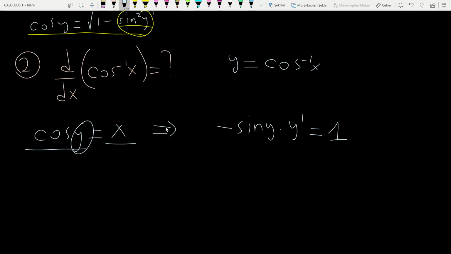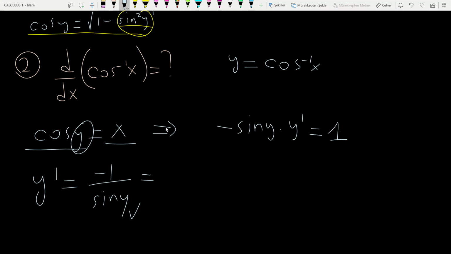Okay, then in this case y prime becomes minus 1 over sine y, right? Minus 1 over sine y. Then we have the same problem here. The final answer must be with respect to x, but here we have y, right?